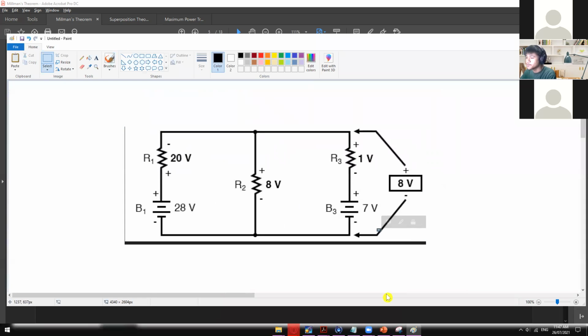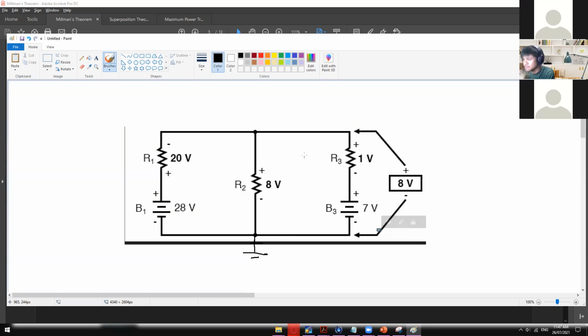Just by applying the formula that I showed to you a while ago, we've got a value of 8 volts, right? So in here, how will you know if this is the positive part and this is the negative part? Basically wherever is your reference point. When I say reference point, that is at the ground. That is your negative sign. So that's why we have the negative sign right here.